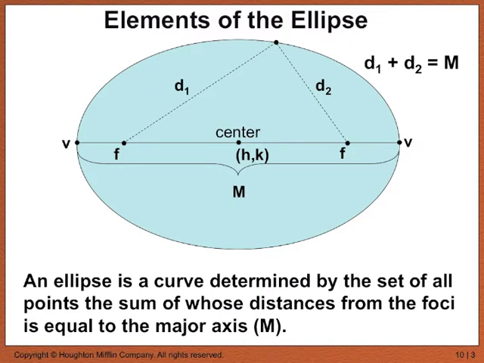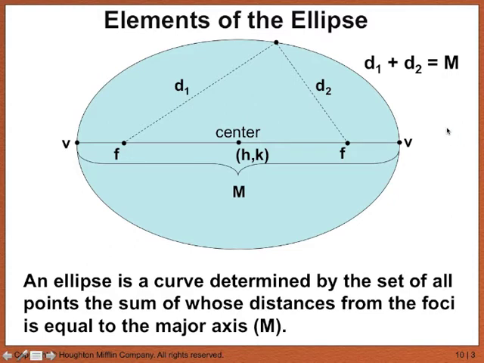Let's talk about the definition of an ellipse. Remember that in this chapter we're defining shapes not by their equations, but by elements of the shape itself. We did that already with parabolas, where any point on a parabola is equidistant from a focus and a directrix.